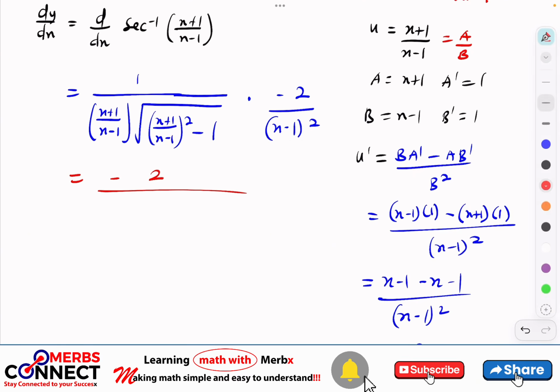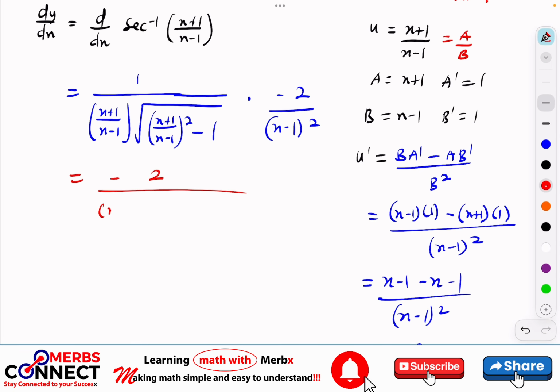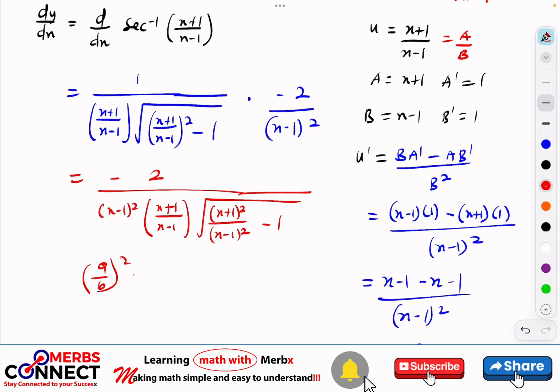So when I multiply this one by this, I want to bring it to the front. So I'm going to have x minus 1 squared times x plus 1 divided by x minus 1, then square root of x plus 1 squared divided by x minus 1 squared, minus 1. As we know, a over b all squared is the same as a squared over b squared.